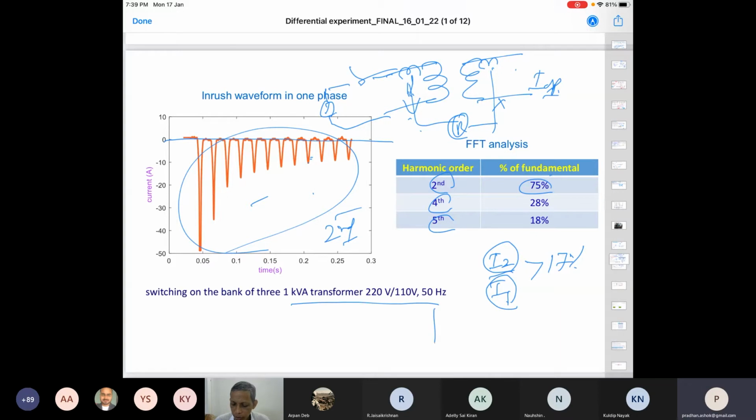Otherwise, because it falls above the percentage bias characteristic, it would be detected as an internal fault. So even if this point is found, it is not declared as an internal fault. Before that, you have to discriminate whether its second harmonic component is significant or not. Then only does it go for the trip decision.